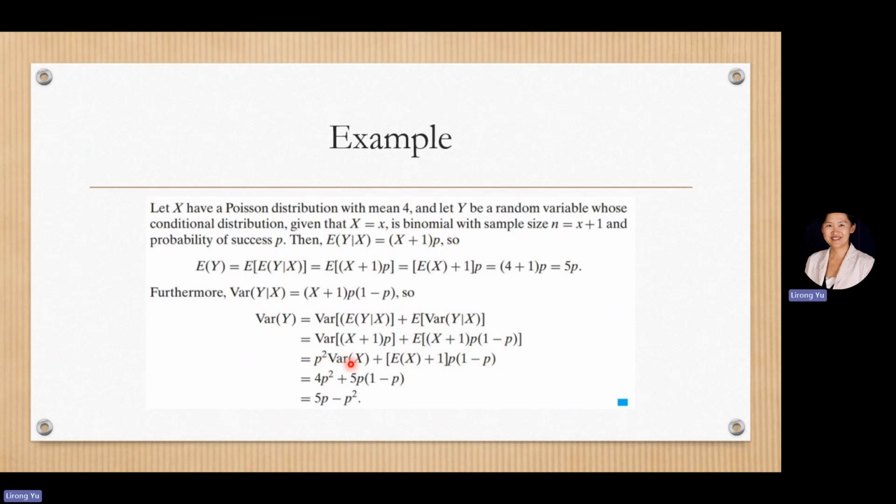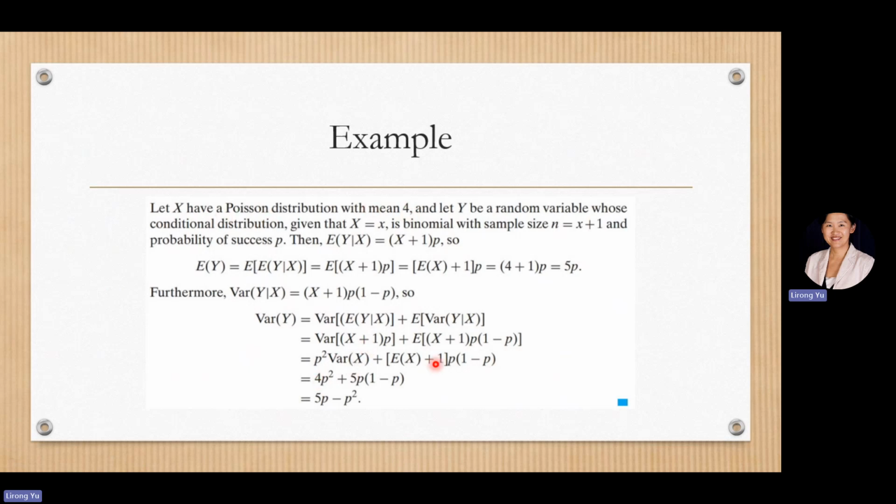The first part of it is really the variance of (X plus 1) times p. The p moves out of the variance calculation, but you have to square the p because p is a factor. And then for the variance of X plus 1, the 1 has no variability, so the variance of X plus 1 equals the variance of X. Now, for the Poisson distribution the variance equals the mean, so the variance of X equals 4 as well.